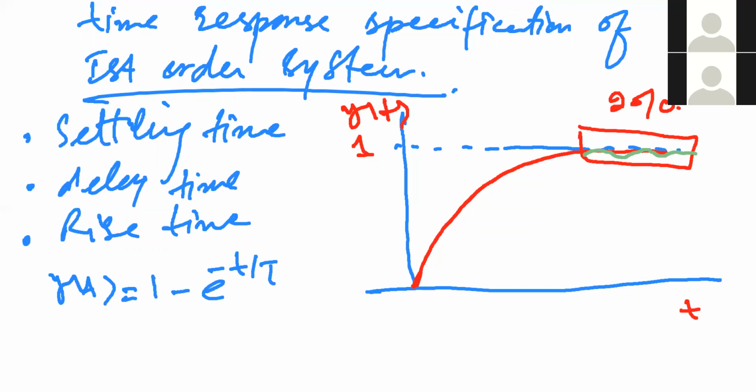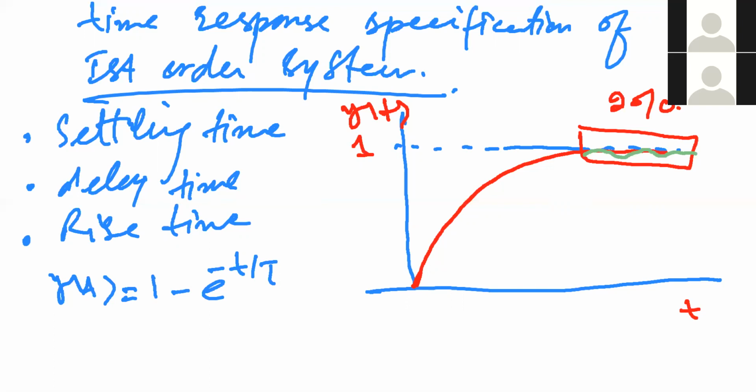There are some ripples, but if these ripples remain within 2% of the bounded region, it is still considered to be a steady state position. So if the response remains within 2% of the final value, that is called the settling time.